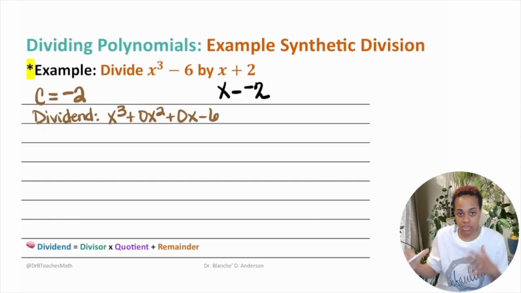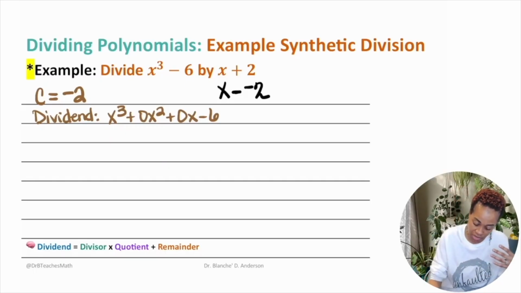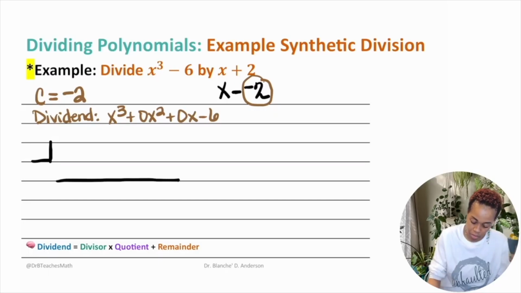Go ahead and fill it in so that when you set up your synthetic division, you can fill in those place values. Okay, so I'm going to do our little bar here, and then do my line here. Pull only the coefficients. So I have 1 for x cubed, 0 for x squared, 0 for x, and minus 6.